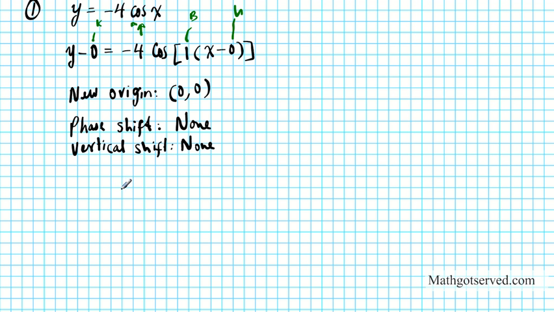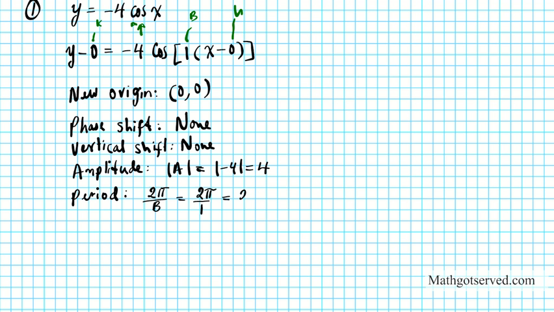Now we need to find the amplitude. The amplitude of our function is the absolute value of a, which is the absolute value of -4, which equals 4. The period of the function, you use the formula 2 pi over b. In this case, b is 1, so we're going to do 2 pi over 1, which is just 2 pi.